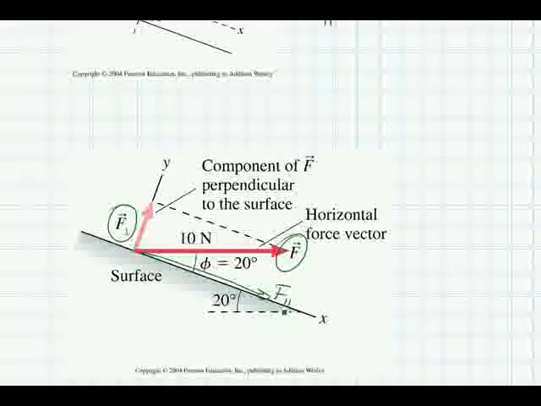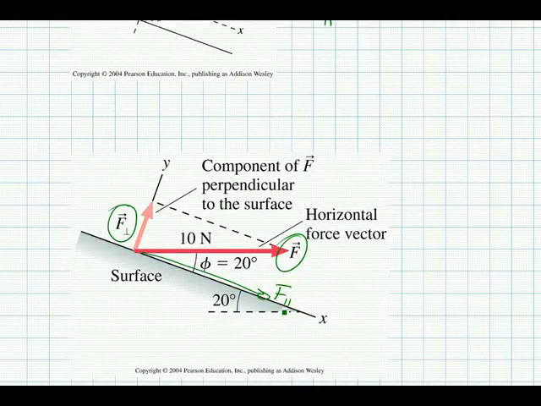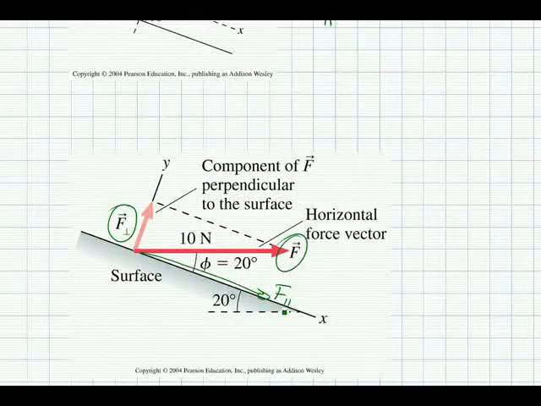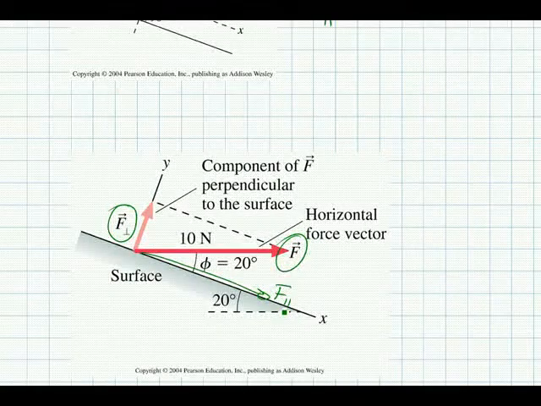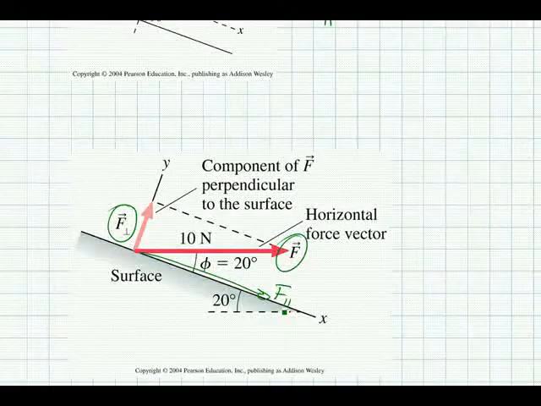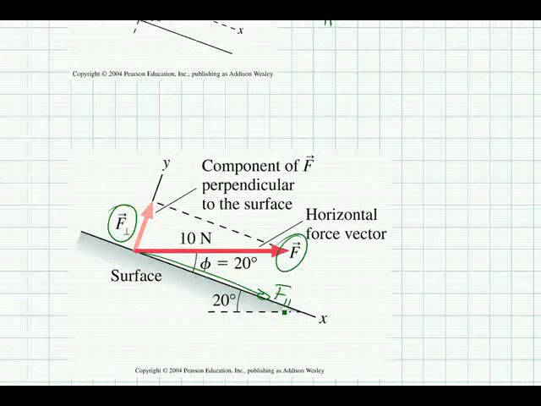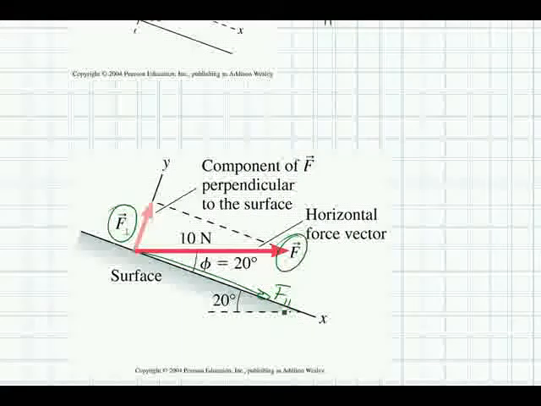So you can decompose a vector in terms of parallel and perpendicular components as x and y components using trigonometry relationships. ij terminology is sometimes used, so you can mix and match these forms in performing your vector algebra.